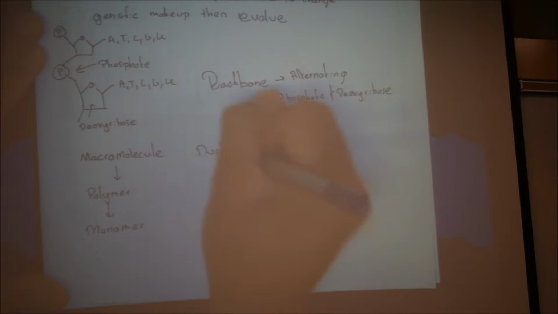And then you go to the polymer, and then you go to the monomer. So, the macromolecule is going to be nucleic acid. The polymer is going to be DNA or RNA. And then the monomer for both DNA and RNA is going to be a nucleotide.